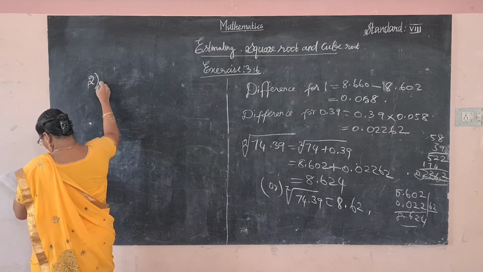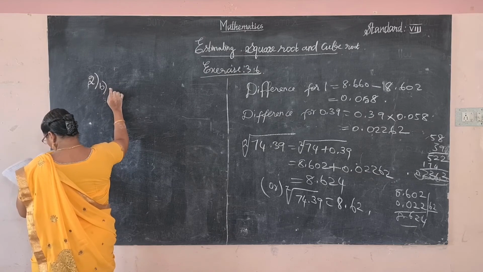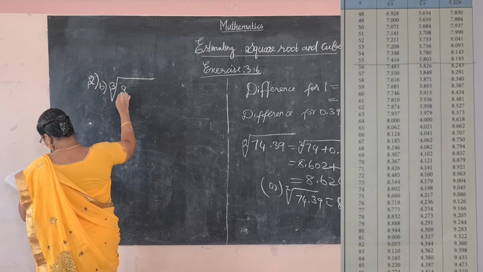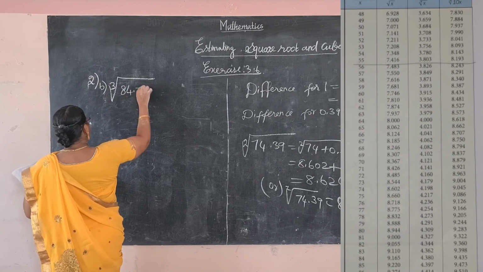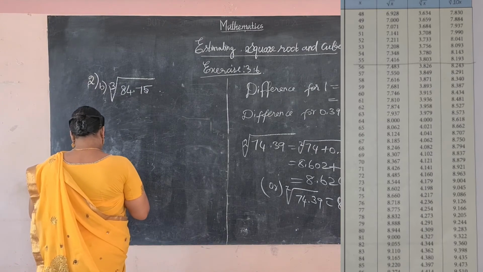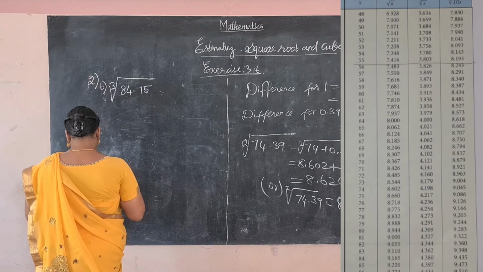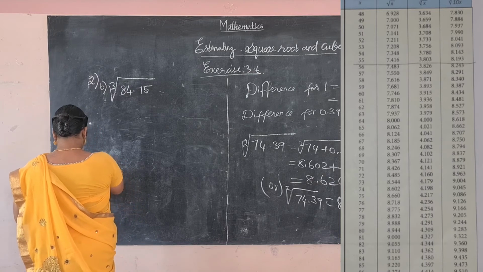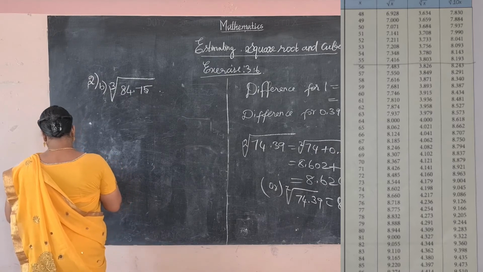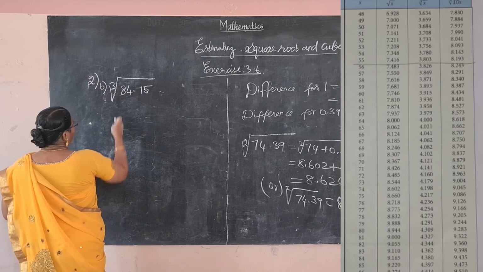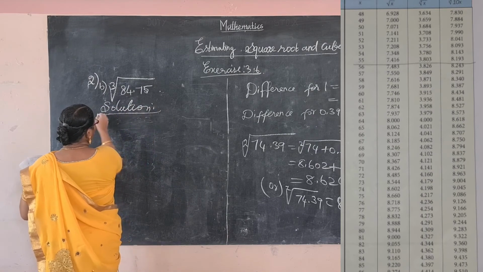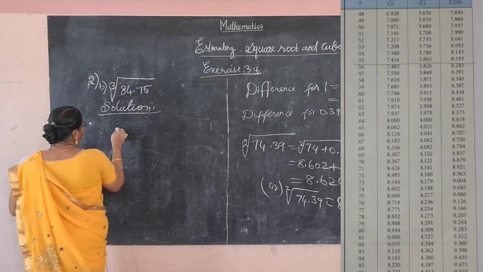First one homework. Second problem, find the cube root of the following number correct up to 2 decimal places. Here you have to find the cube root of 84.75. Okay. So solution, what is the value?